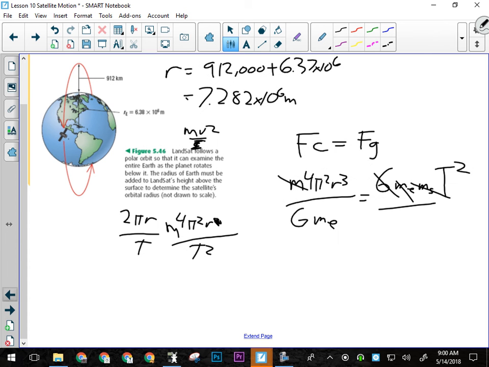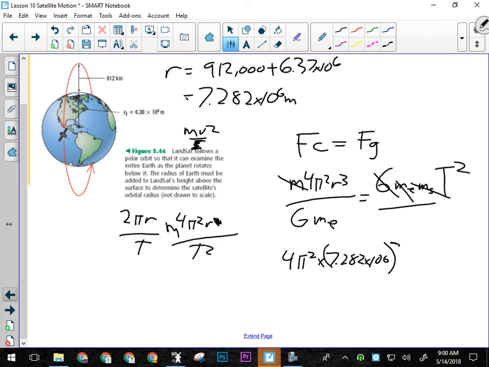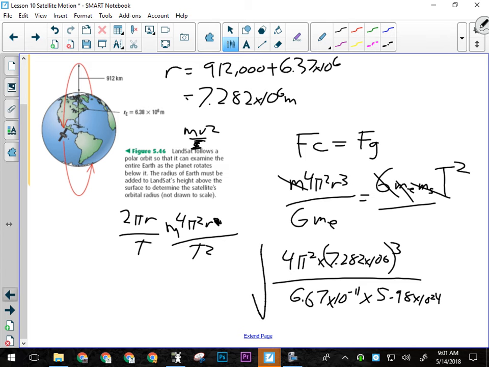So when we are plugging our numbers in, we're going to have 4 pi squared times 7.282 times 10 to the 6 cubed, divided by 6.67 times 10 to the minus 11 times 5.98 times 10 to the 24, that's the mass of the Earth. And then we're going to square root that to give us T.